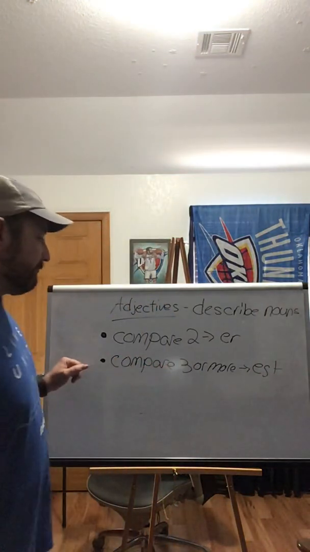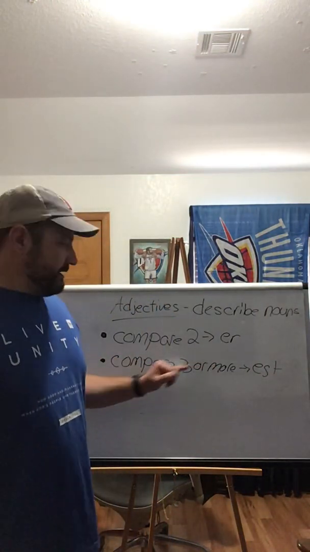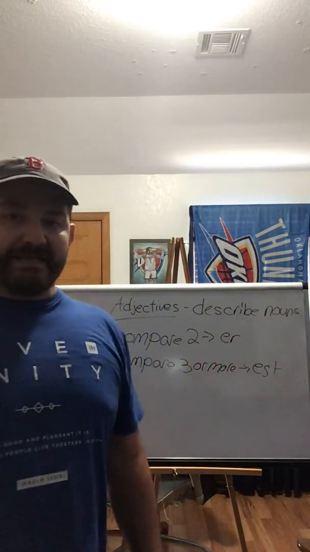So what happens if I have three or more nouns I'm comparing? My adjective is going to get an EST. I was at Walmart the other day, and I was standing there in line. I got my little social distance on, 6 feet there, 6 feet back there. So I got enough room in between me. But hey, there was a mom and a son up here in front of me. The mom was shorter than me.